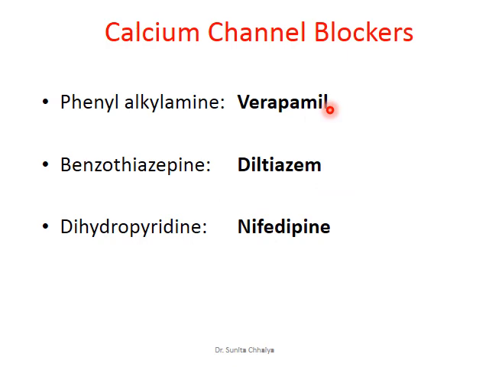Verapamil, which was synthesized in 1962, was the first agent found to have a calcium channel blocking property. After that, many more calcium channel blockers were synthesized.